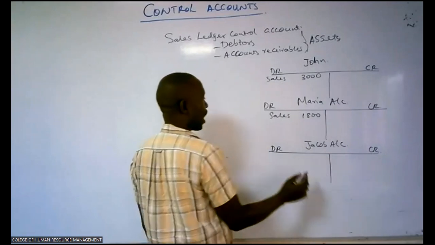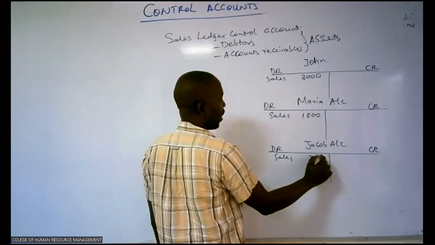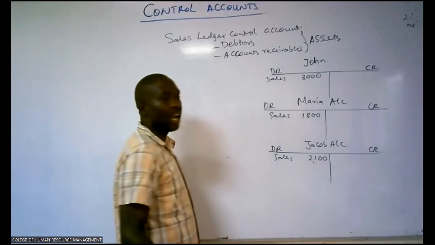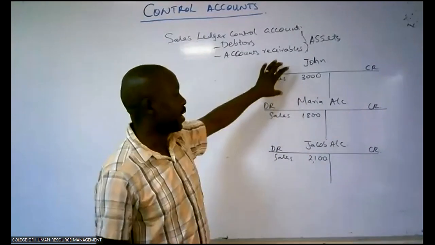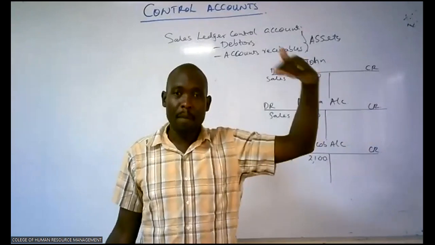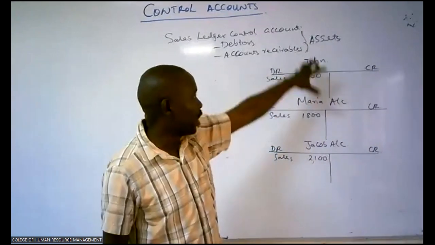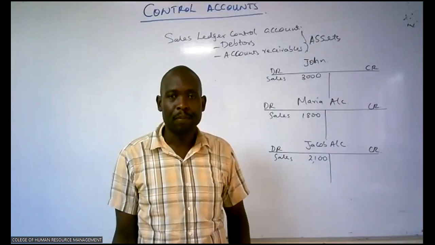We shall come to Jacob's account and debit sales, maybe 2,100. And so on. Anytime we sell goods on credit, we debit the customer, who is the debtor, and then we credit the sales. I'm not interested in the sales. I'm only interested in these accounts of the debtors. That is how they are going to appear.